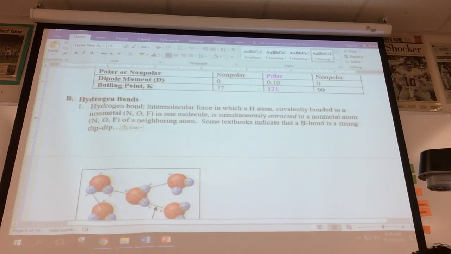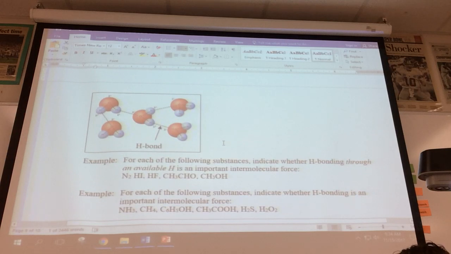Now, some textbooks will argue that hydrogen bonds aren't dipole to dipole. Some argue that they're strong dipole to dipole. But the bottom line is, if the substance can hydrogen bond, it also has dipole to dipole and LDFs, and it will have a higher boiling and melting point than something similar that can't hydrogen bond. Shown right here is water.